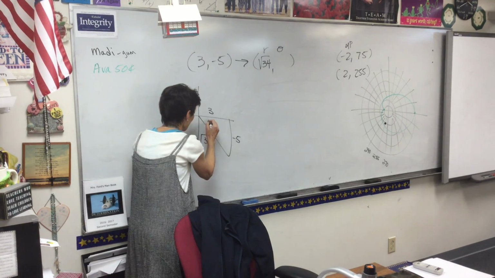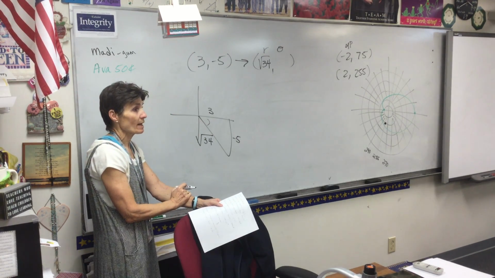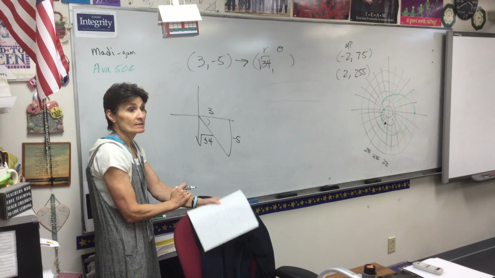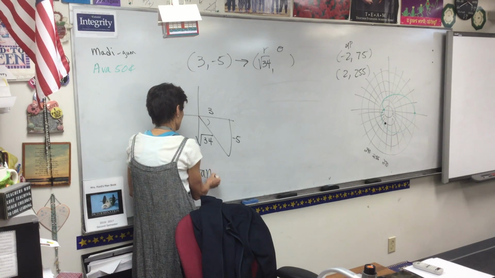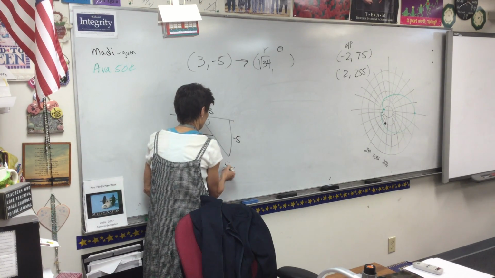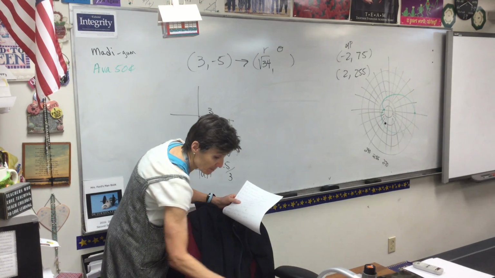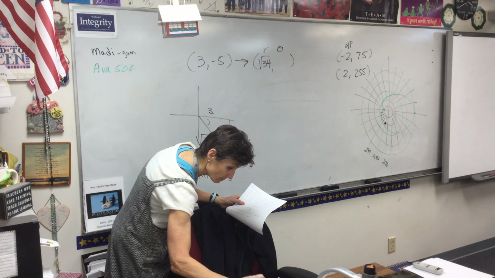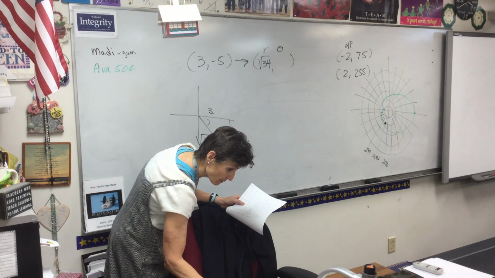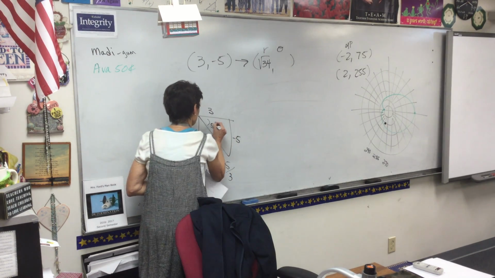Now how do I find my angle? Always, always, always I use inverse tangent. So inverse tangent, and that's going to give me my angle. 59.04.